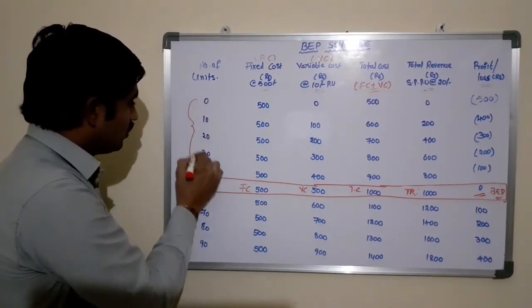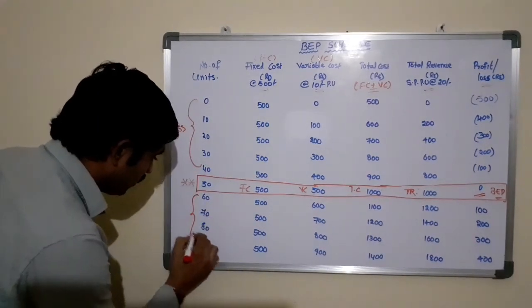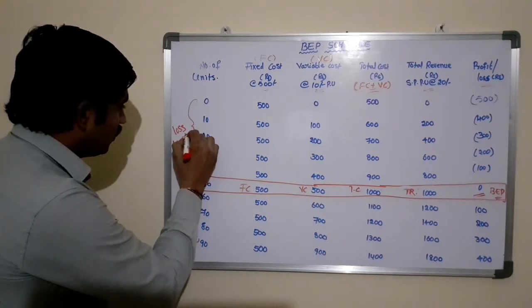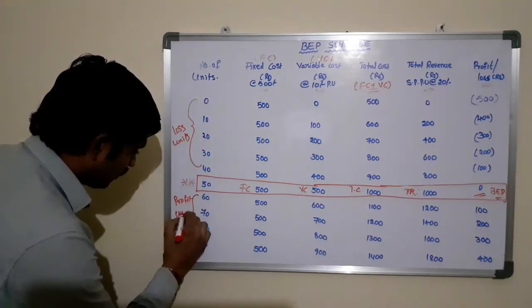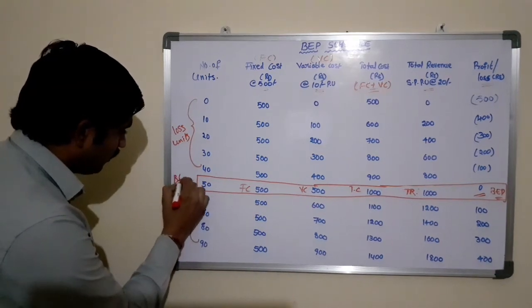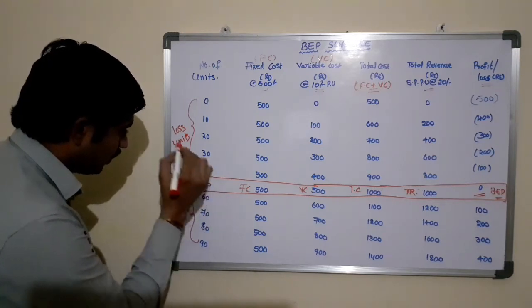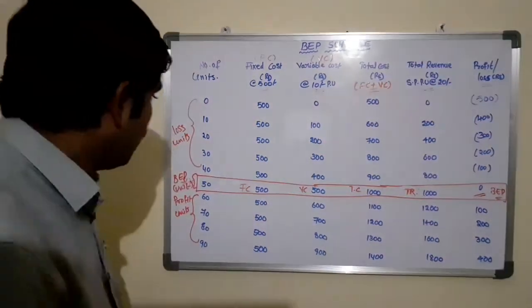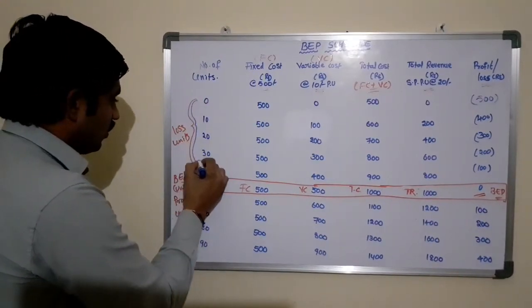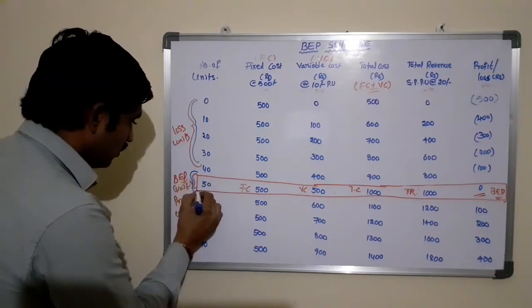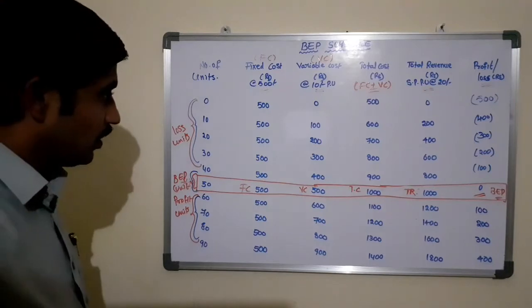This is loss in units, here it is profit in units, and this is the break-even point in units. So we have classified this into three: loss in units, BEP in units, and profit in units.